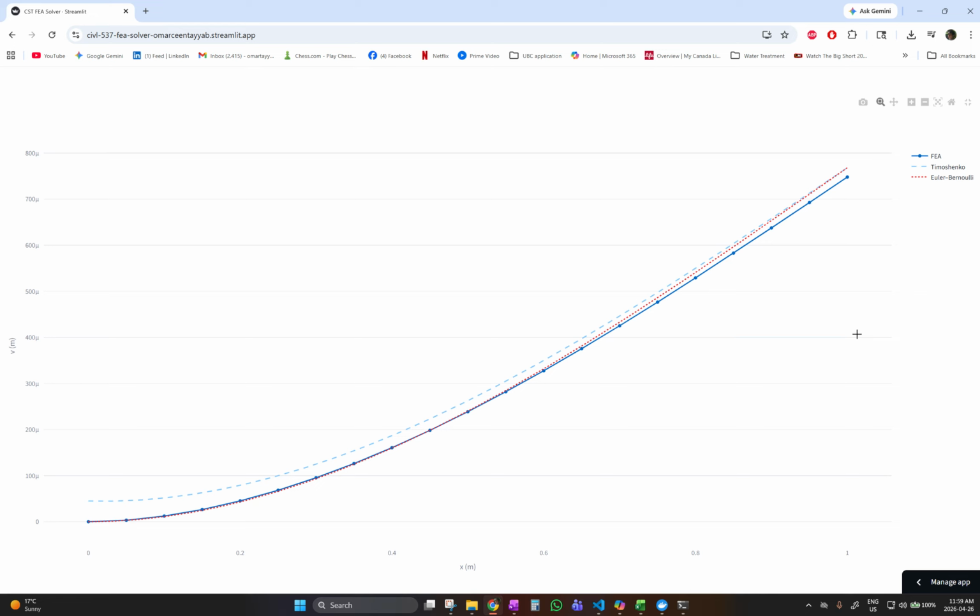We're all following Euler-Bernoulli and Timoshenko, although they don't do a very good job at capturing the deflection due to shear. They do capture shear, and I'll show you in a second.